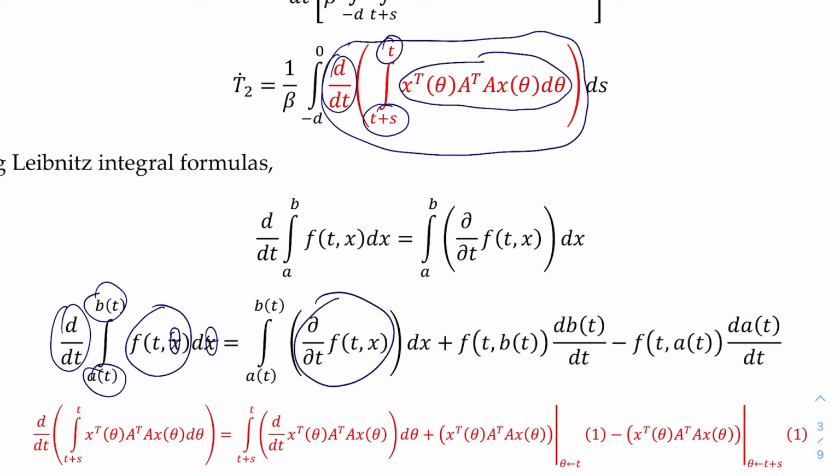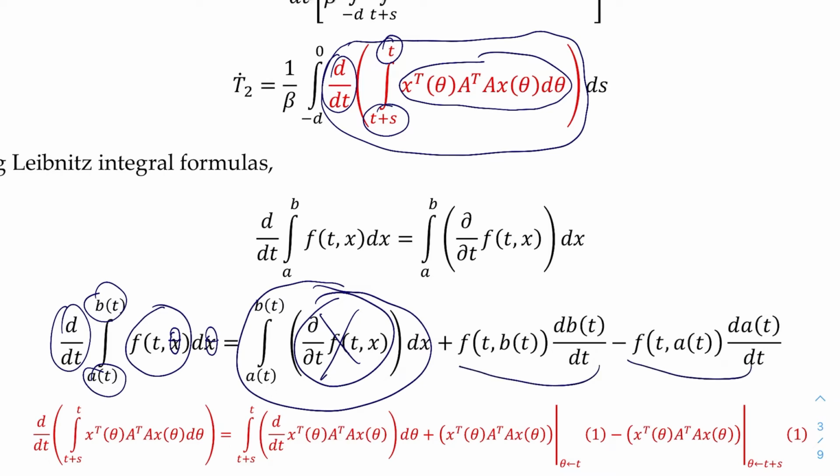And that's why that expression will be 0, and that whole term will disappear. So we will be looking at those two terms, and since it says derivative of b, and b is t here, it's 1, and this is again t plus s, and the derivative of that is again 1.